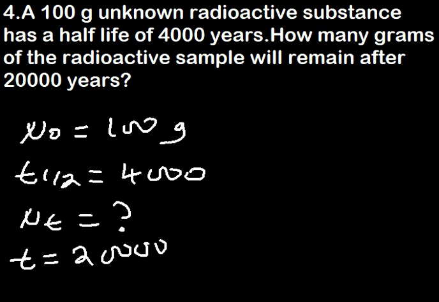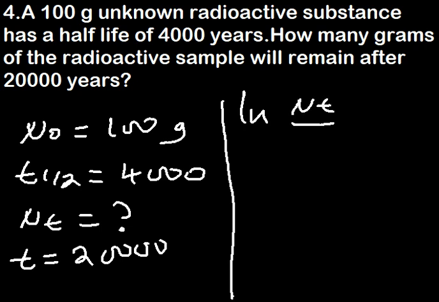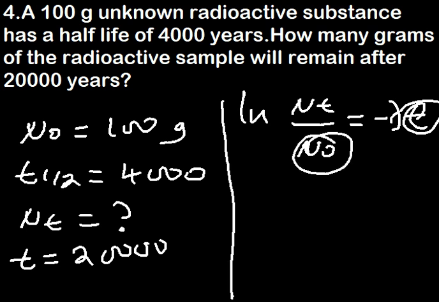Of course, we may think of using this formula, by the way. That is given as ln(Nt/N0) = -λt, of which we have the time taken, and we have the initial contents, and we are looking for the final contents.